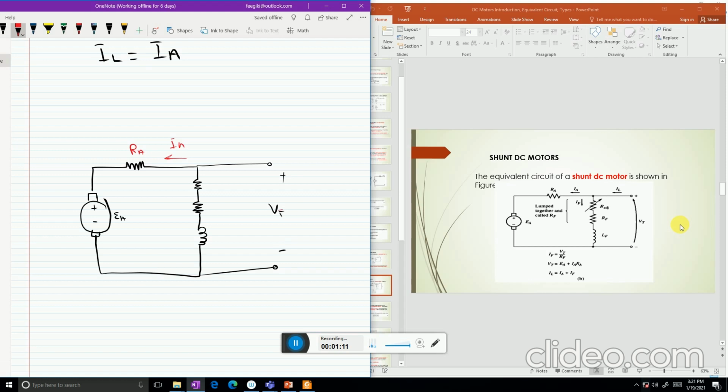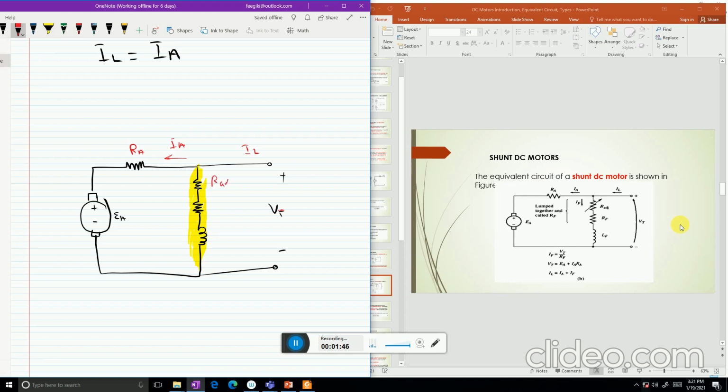So this is the terminal voltage VT applied to the armature winding, and this is the armature current, this is the line current. So this is the field circuit. This field circuit directly gets the voltage and current from the armature voltage and current.